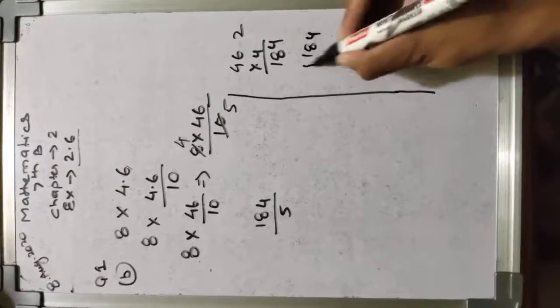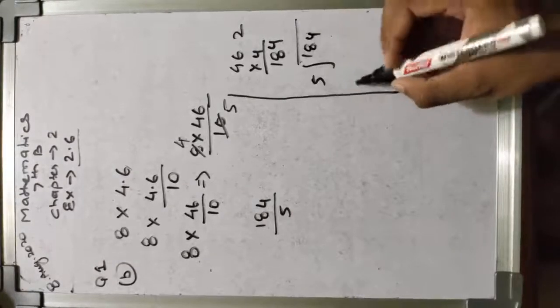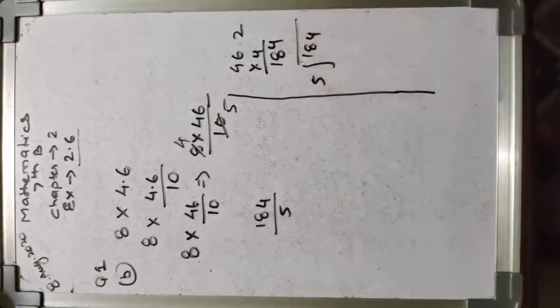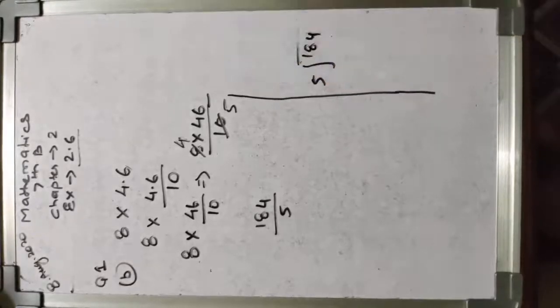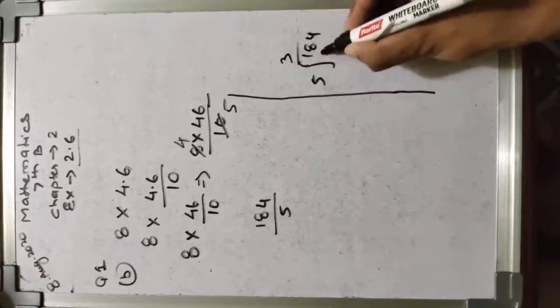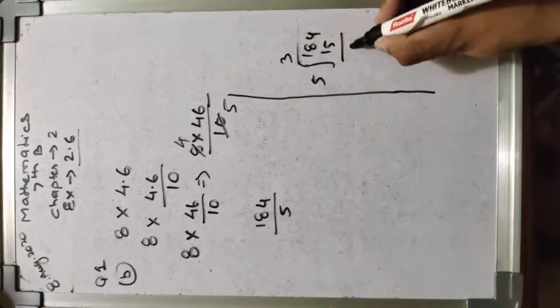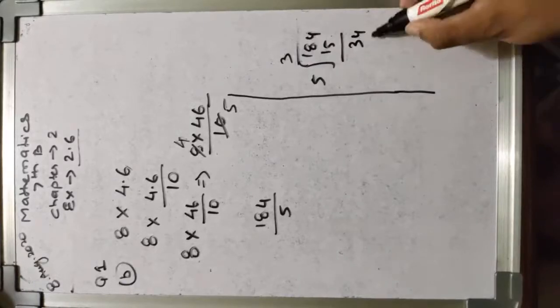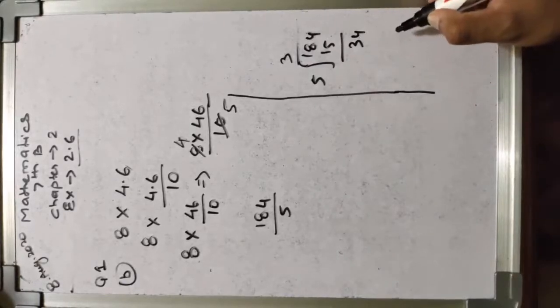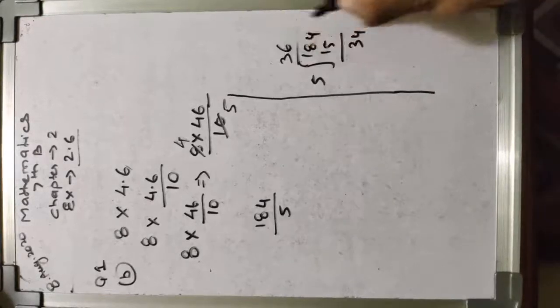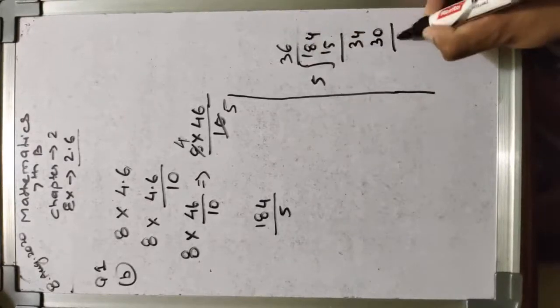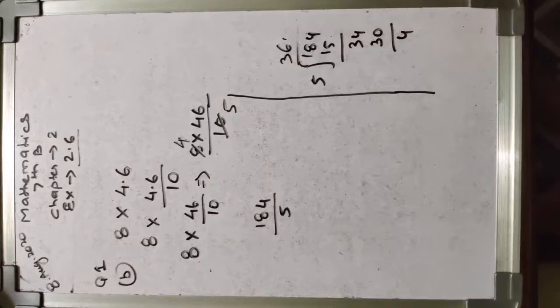184 divided by 5. You get 5 3s are 15. Carry 3 here, and 34, and 5 6s are 30. And you get 4 here. So I put the decimal here and take 0 here. Why do I put 0 here?